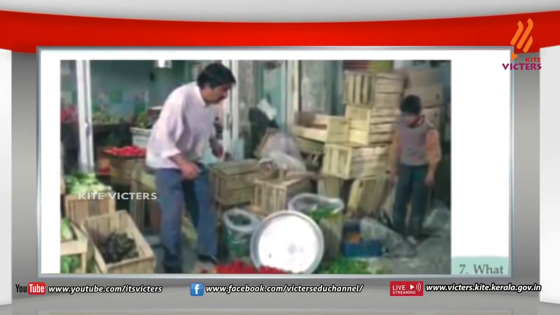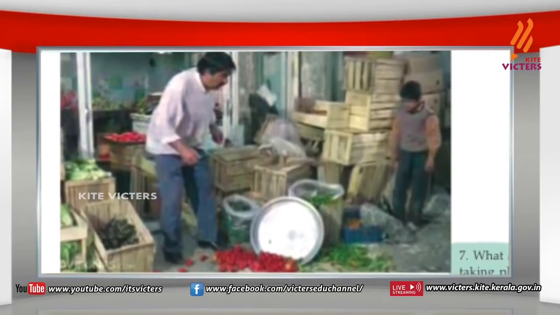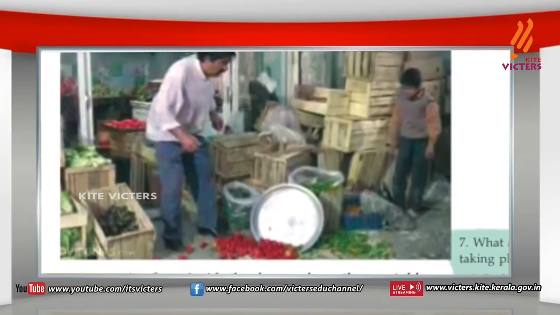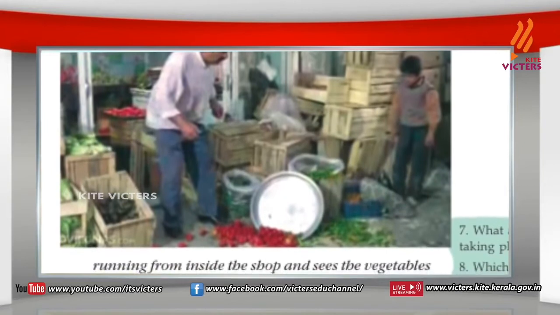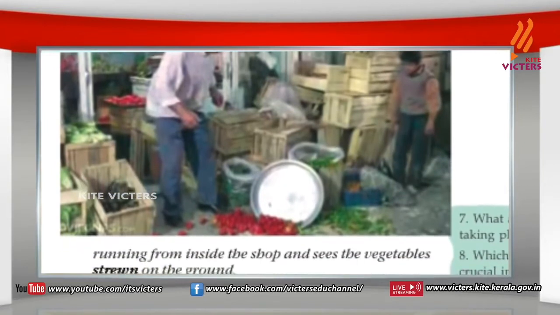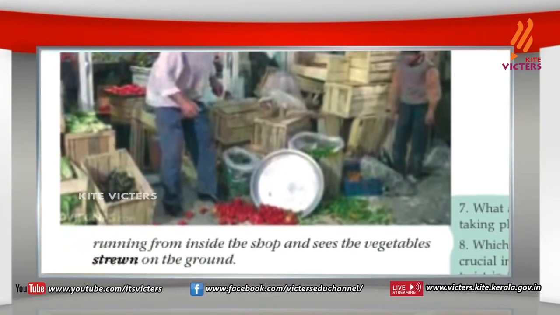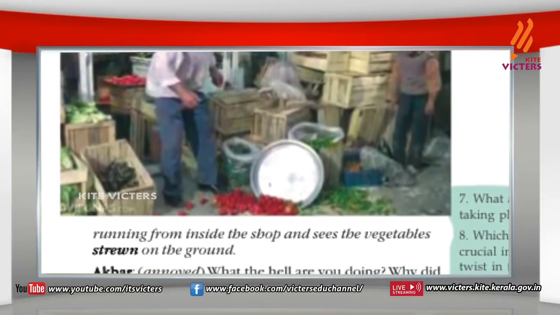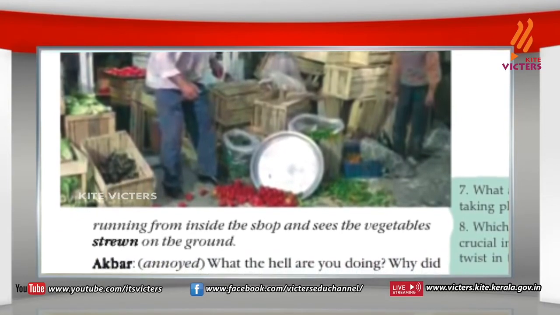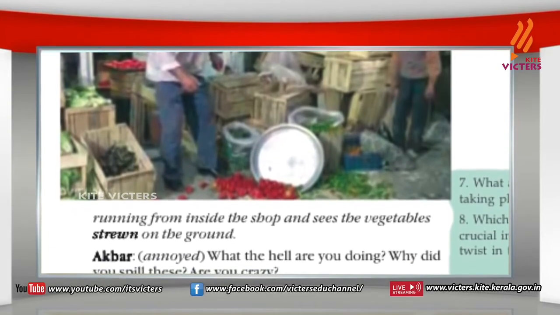The vegetable boxes tumble and vegetables scatter on the ground. On hearing the sound, Akbar comes running from inside the shop and sees the vegetables strewn on the ground.